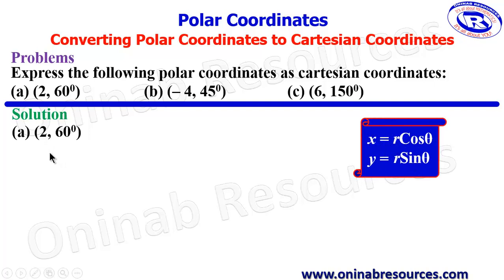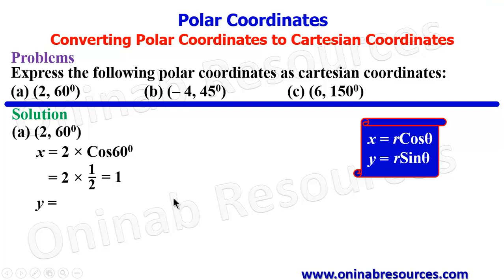So what we do now, we have to start with the x coordinate. Our r is 2 and our theta is 60 degrees, so therefore x is 2 times cos 60 degrees. Cos 60 degrees is 1 over 2, so we have 2 times 1 over 2 giving us 1, because 2 times 1 over 2 is 1.